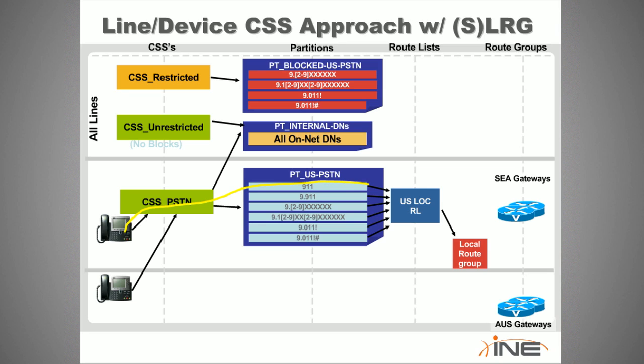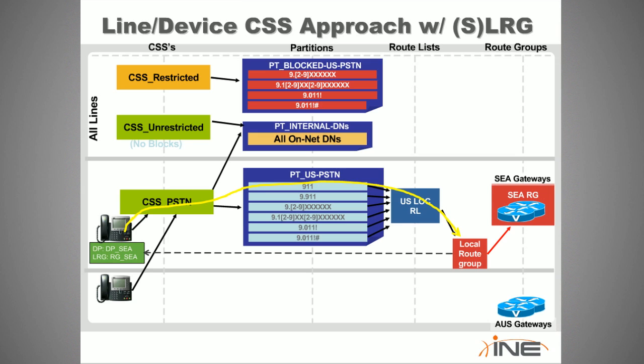Okay, so what happens? Let's just watch the call go through again. Call goes through, 911 hits the one route list, hits the one dynamic entity called local route group. That goes back to the calling party's device pool, finds the local route group, takes that, and replaces itself with that actual explicitly configured route group, the Seattle route group, and it routes the call on to the Seattle gateways.